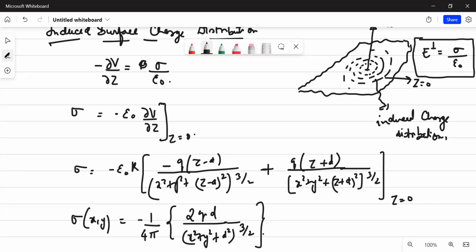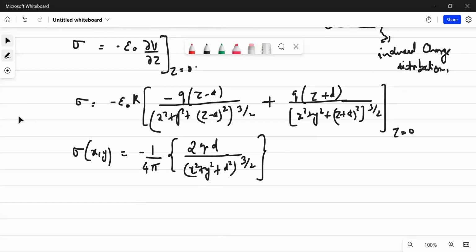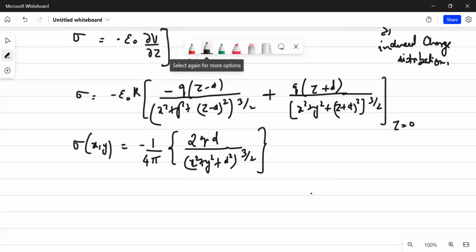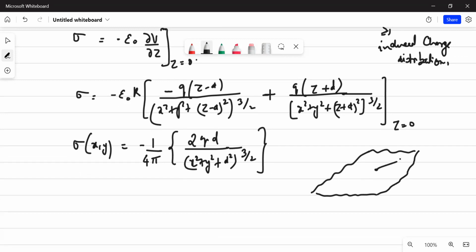Or in other words, if I want to express this in plane polar coordinates, because on the xy plane, instead of writing x and y, I want to express things in r comma theta, then the same thing can be written as sigma of r comma theta equals minus qd divided by 2 pi r square plus d square to the power 3 by 2.